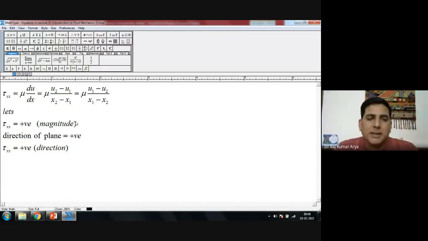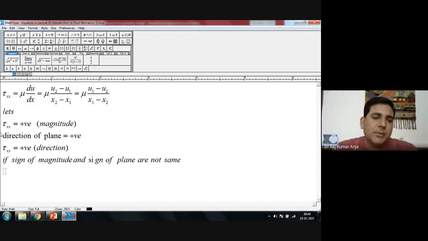In case these signs are not matching, you can write: if the sign of magnitude and sign of plane are not the same, then your shear stress would be on the negative side always.